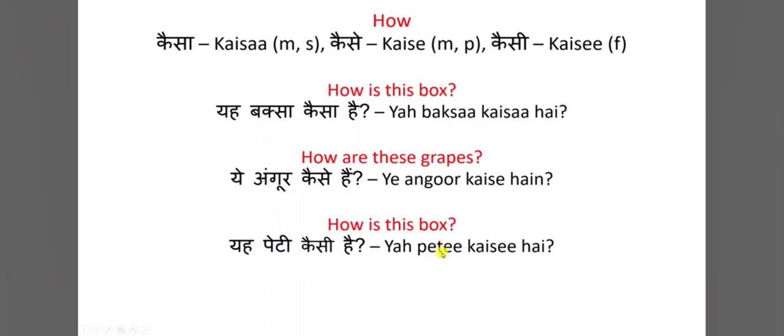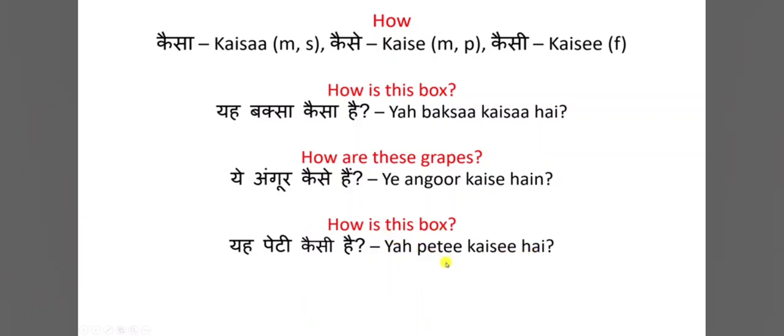Here peti is feminine and it is singular. With singular feminine, we use कैसी for how. And that is what we have used here, कैसी. यह is this, पेटी is box, कैसी is how, है is.